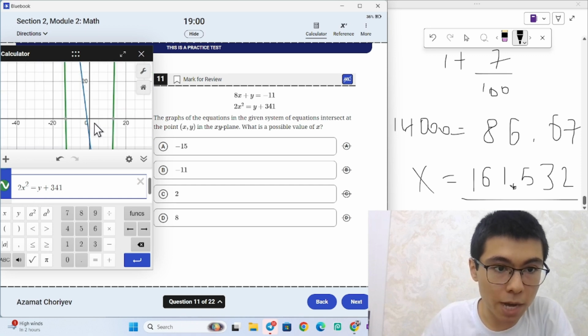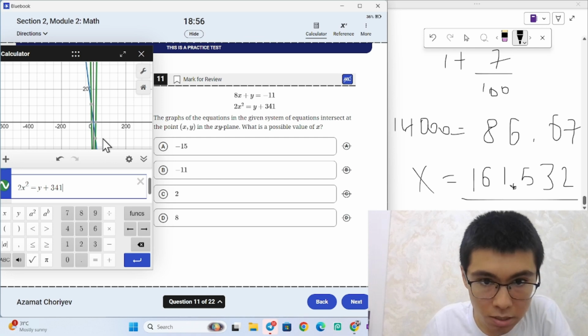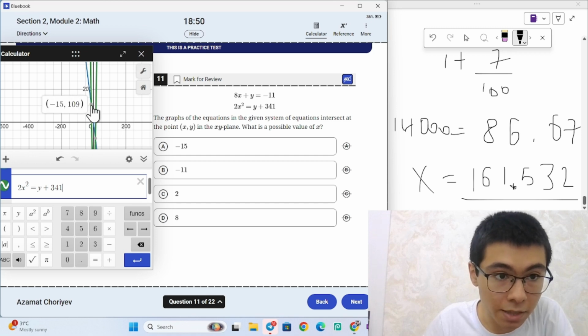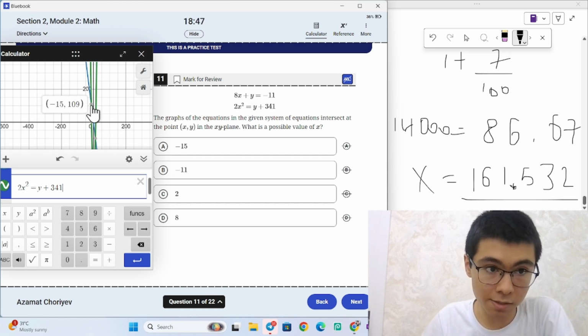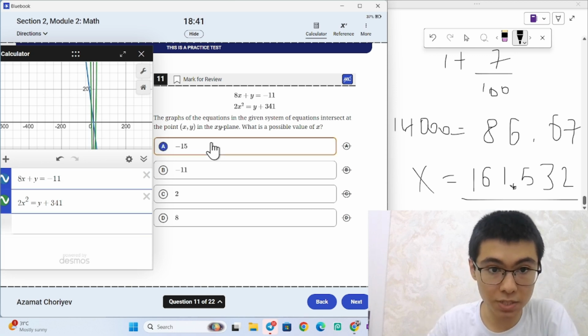And I'm gonna zoom out a little bit. So I guess there are two places where it intersects. The first one is when x equals 11. We don't have that answer. And the second one is when it intersects at minus 15. And they're asking about x. So that's why the answer is A.